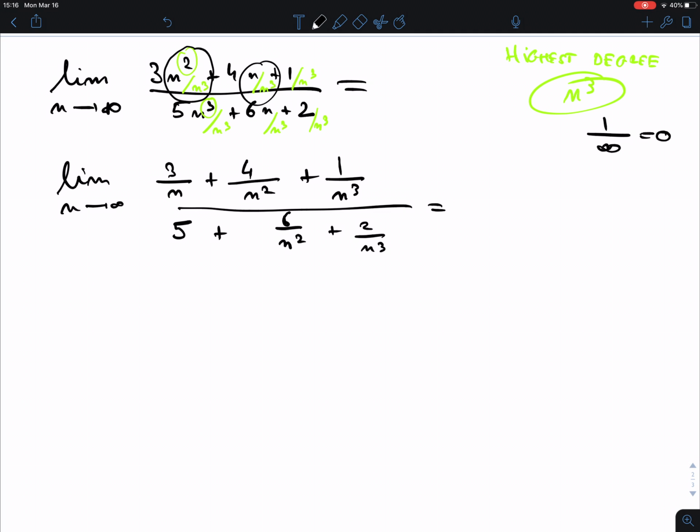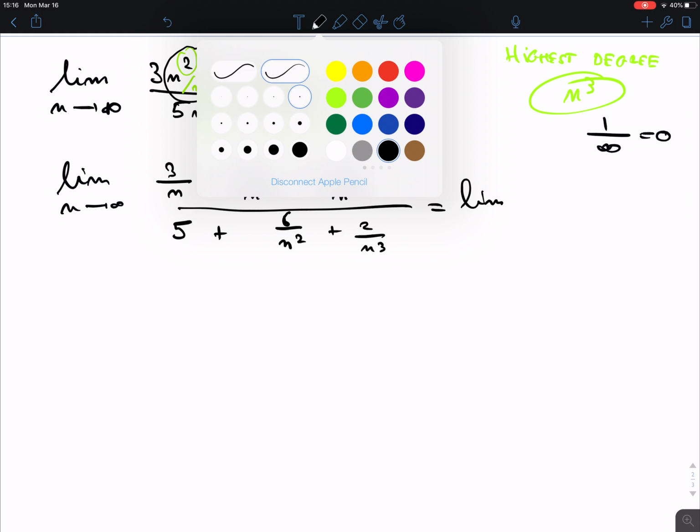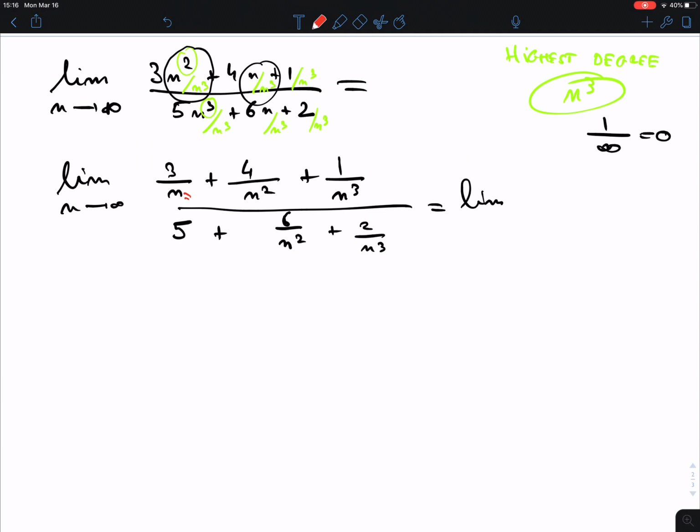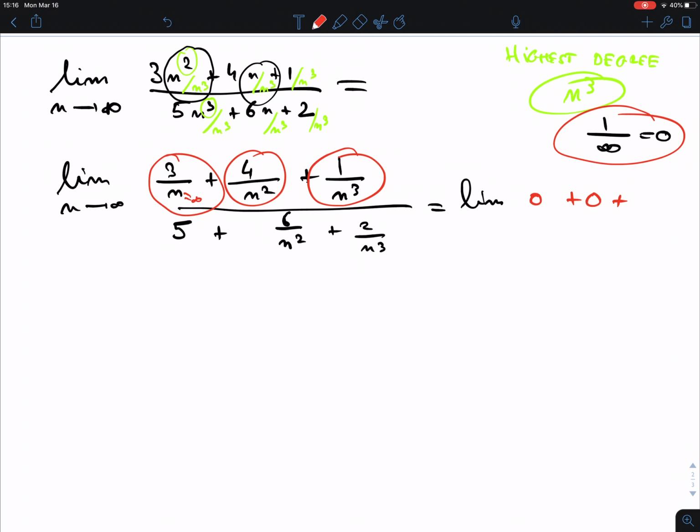Whenever we plug in infinity here, we get 3 over infinity, which is 0. Same thing for the next term, and this one too, because the cube of infinity is still infinity. Now in the bottom we do get the 5.